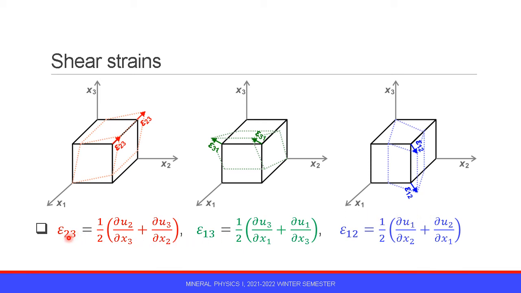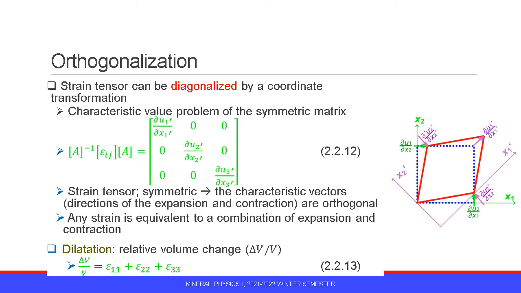Epsilon 23 is shear strain normal to the x1 direction. Epsilon 13 expresses the shear strain normal to the x2 direction, and epsilon 12 expresses the shear strain normal to the x3 direction. As we have seen, the diagonal components represent the compressional strains, whereas the non-diagonal components represent the shear strains.